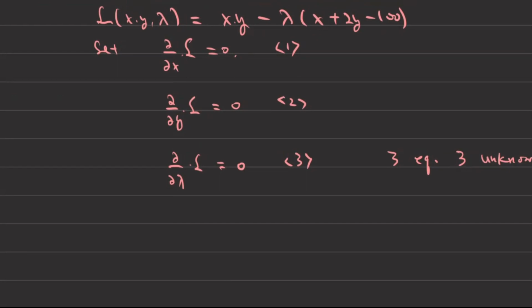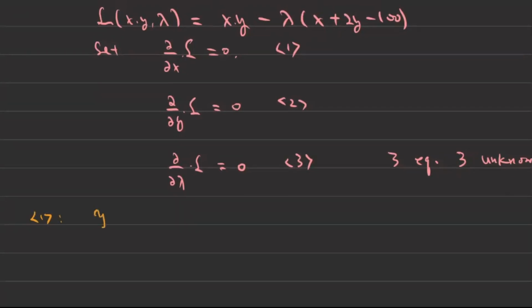First, let's work out the first equation. So that's number one. And then we take a derivative with respect to x. So this becomes y, subtract lambda. Notice that this y goes away, and lambda x is left with lambda. The second and third terms don't really matter because there's no x in there, so we can just omit that. Now this is set to 0.